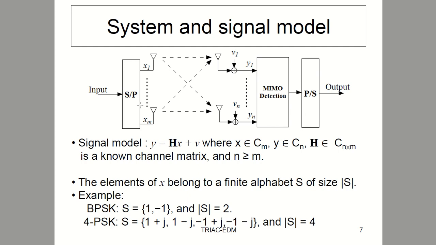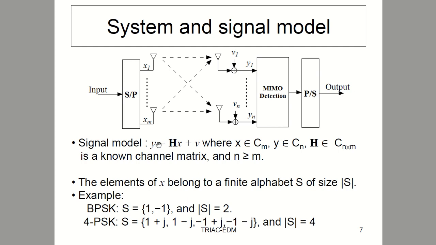We want higher density and higher data rate. But let's just say you have M antennas, and the signal goes to the receiver side. The receiver gets the information and tries to do the detection, and at the end there is a block for parallel to serial conversion, and then it gets the output out.